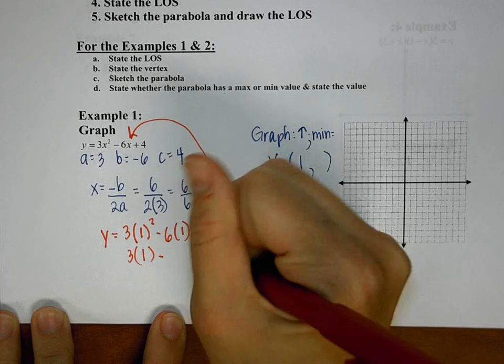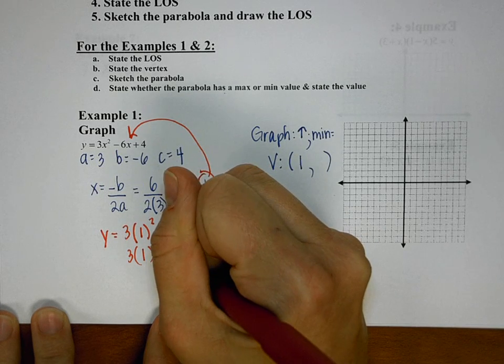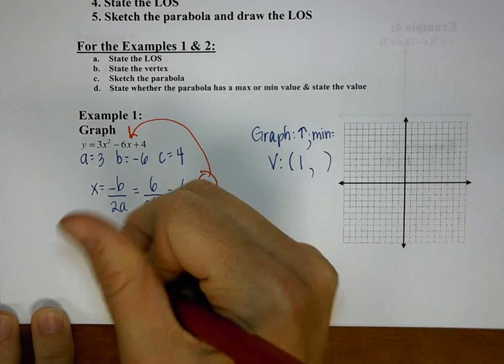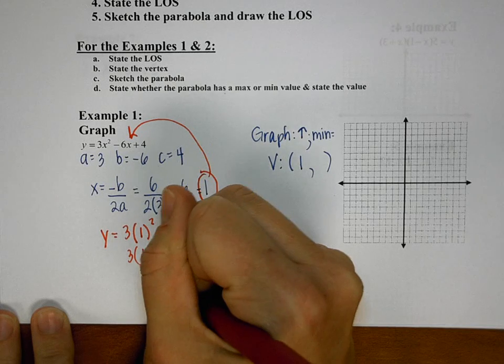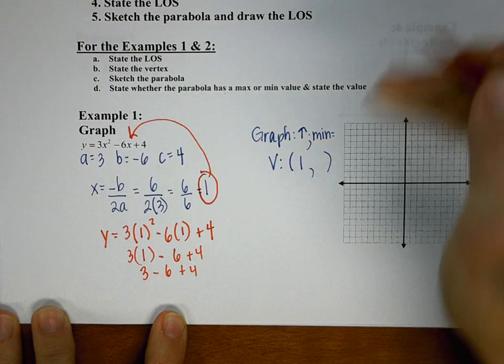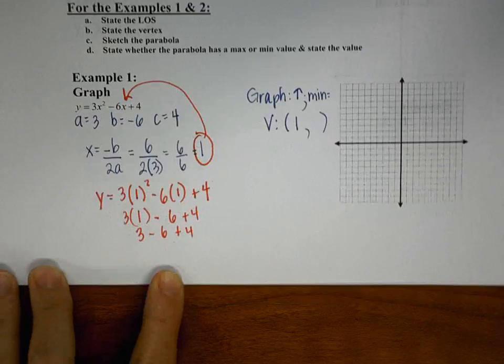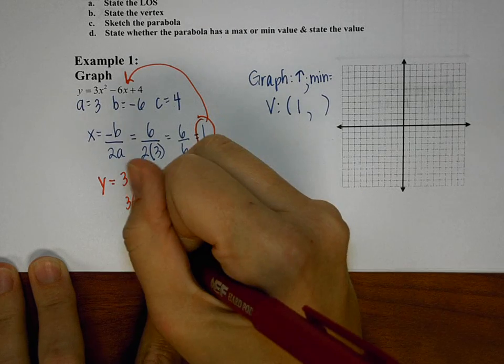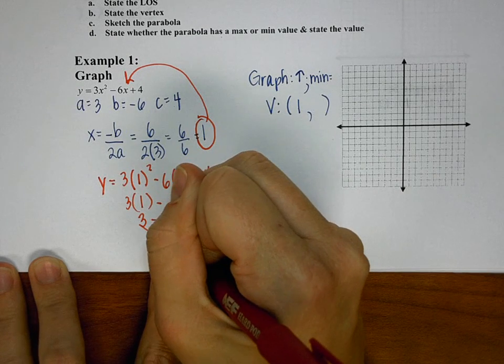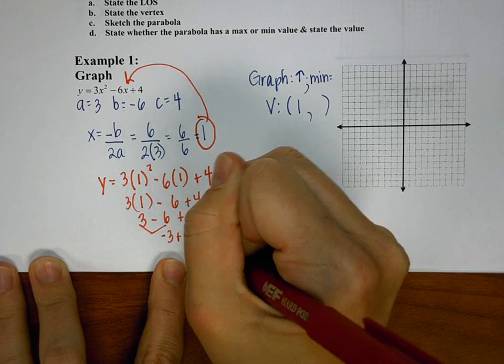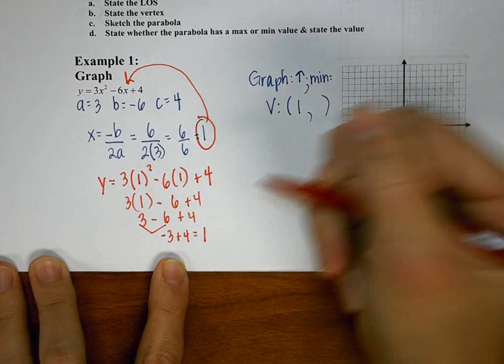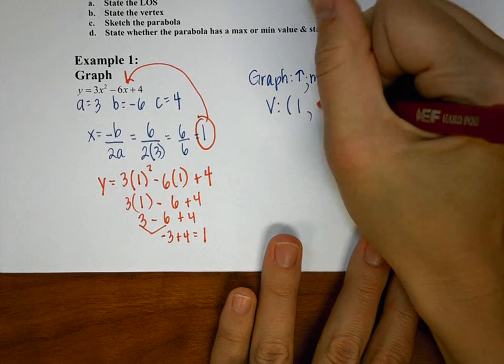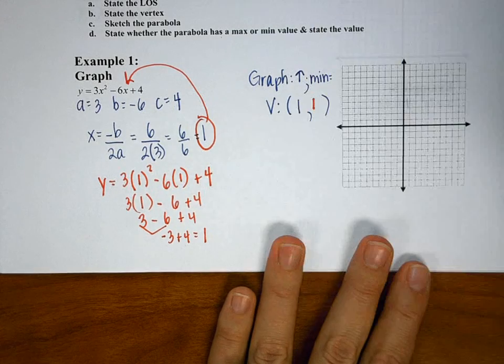And then minus 6 times 1 is? Plus 4. And then 3 times 1 is? 3. So I have 3 minus 6 plus 4. So we'd first go 3 minus 6, which is? And negative 3 plus 4 is? Positive 1. So the y value of my vertex is 1.